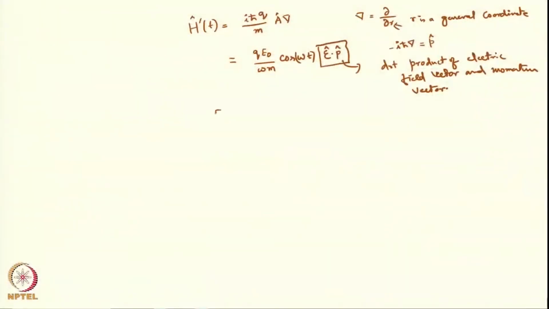Now, we know that the commutator r, H naught, which I derived in the last class, is equal to i h bar by m p. So one can replace this momentum operator by the commutator r H naught.